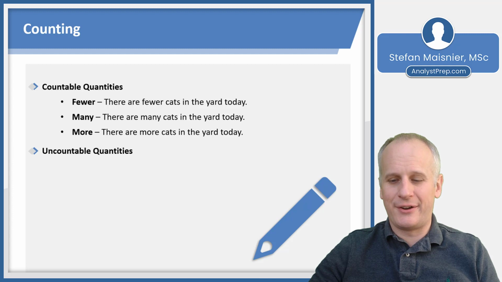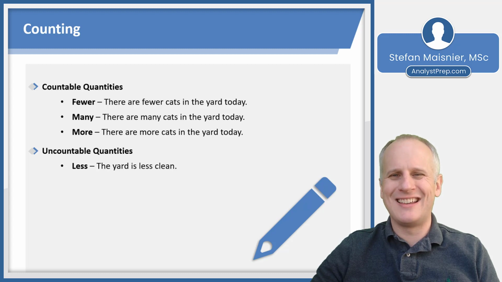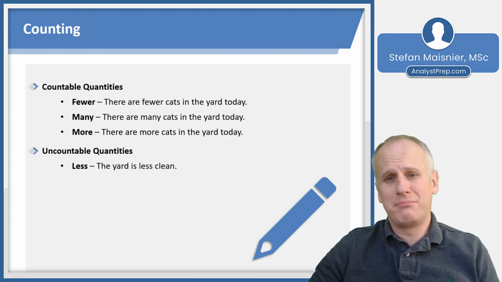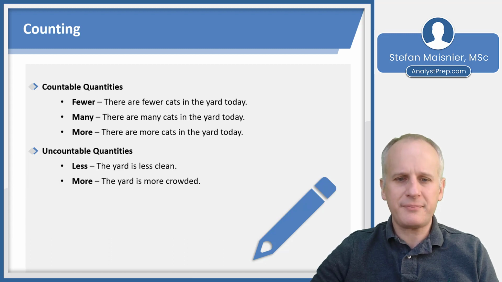Now, our uncountable quantities. Less is going to be for something that is not numerically quantifiable. So the yard is now less clean, presumably because of the cats. But you wouldn't say the yard is fewer clean. Clean is degree and undefined, so we use less instead of fewer.